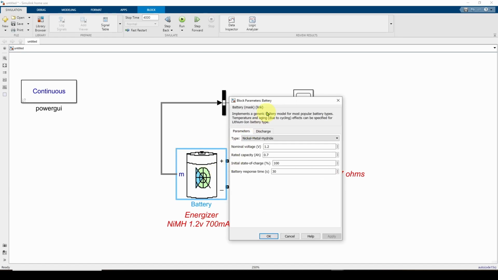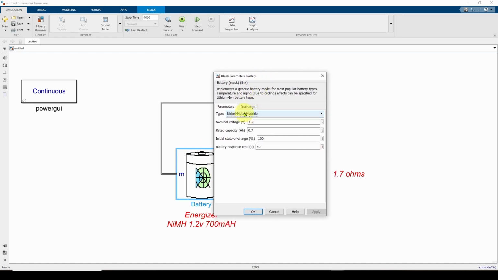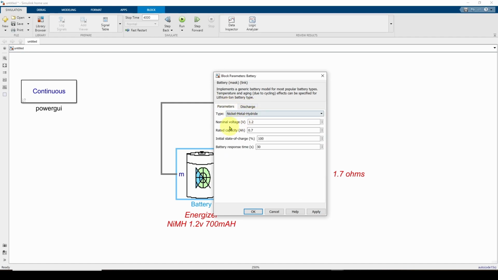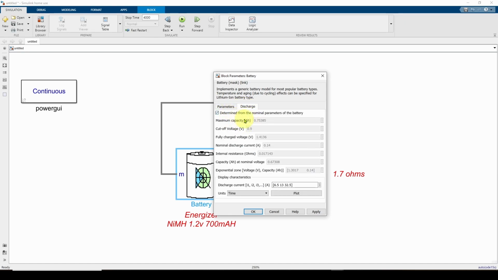If you double click on it, you can see you can select the chemical composition of the battery. I selected nickel metal hydride, 1.2 nominal voltage, rated capacity in amp hours is 0.7. And initial state of charge is 100, and battery response time responds to a square wave, I think. And just apply that, and what it will do is take those nominal parameters and develop its own discharge curve.